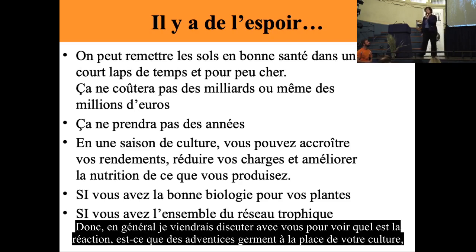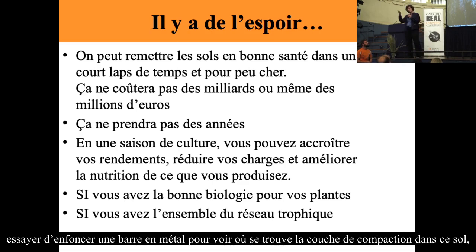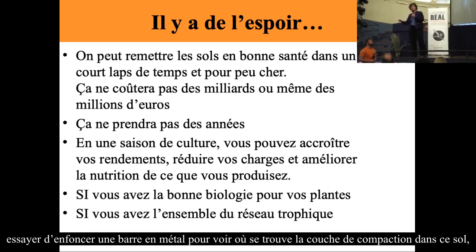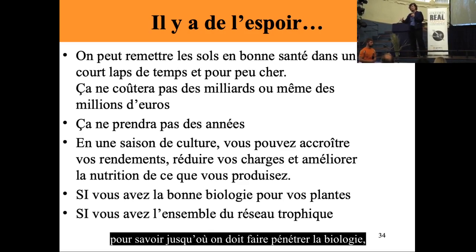So I would usually want to talk with you about what's the response. Do you have weeds coming up instead of your crop? Let's go with a metal rod and try and find where you've got the compaction layer in that soil so we know where to get the biology down to.